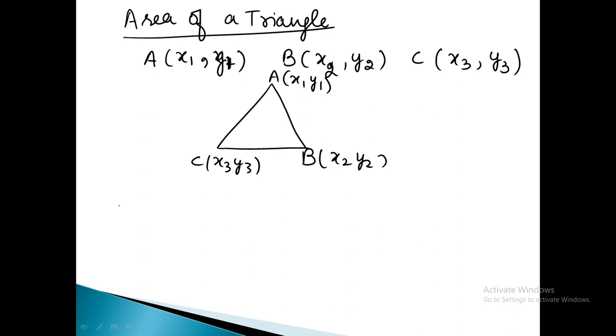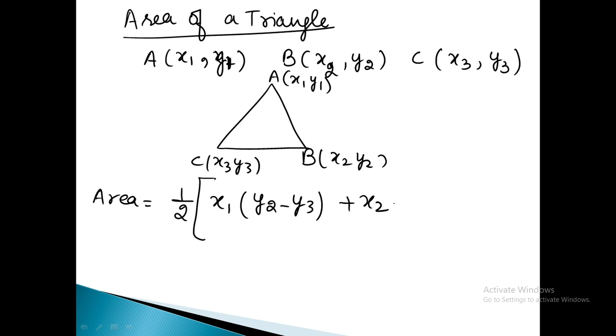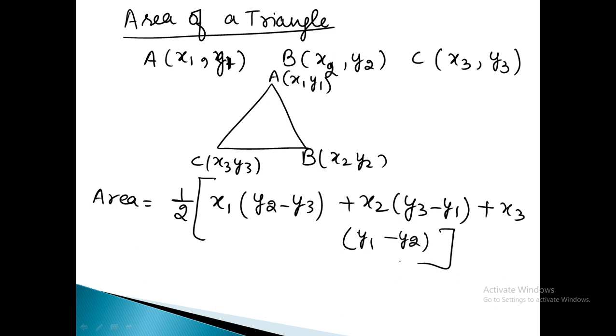Then we will use the formula for calculating the area of the triangle: 1/2 [x1(y2 minus y3) plus x2(y3 minus y1) plus x3(y1 minus y2)]. This formula is used for calculating the area of a triangle in coordinates.